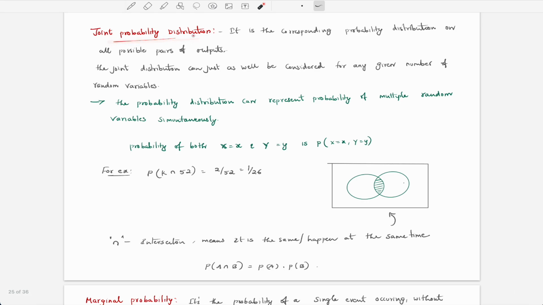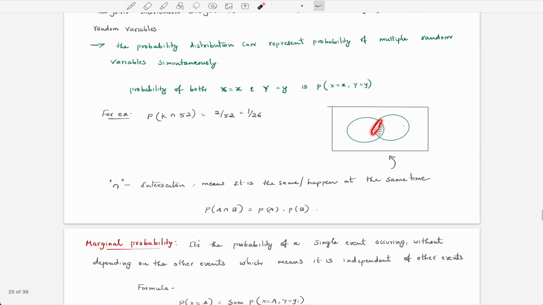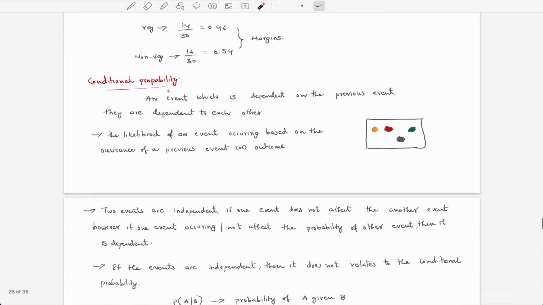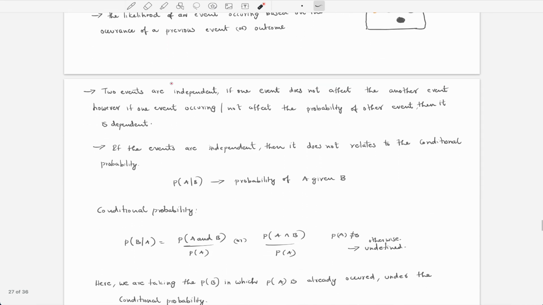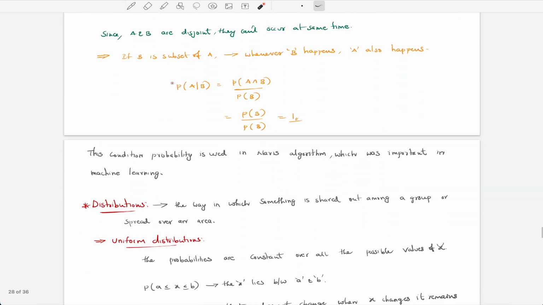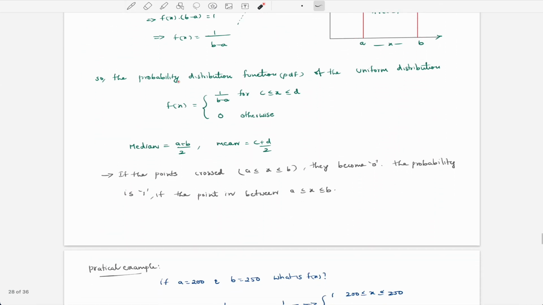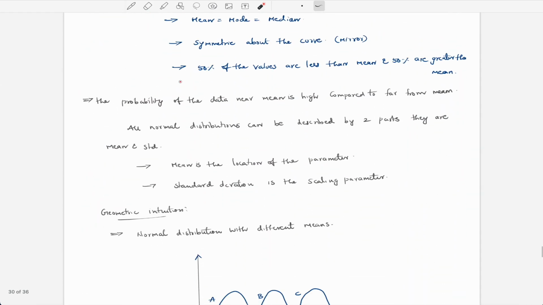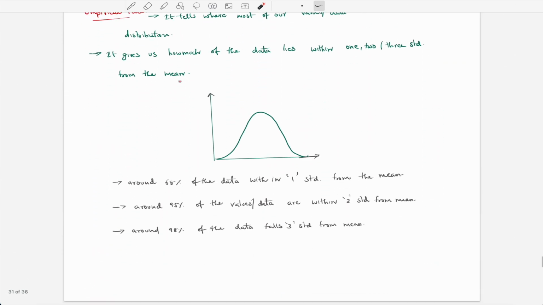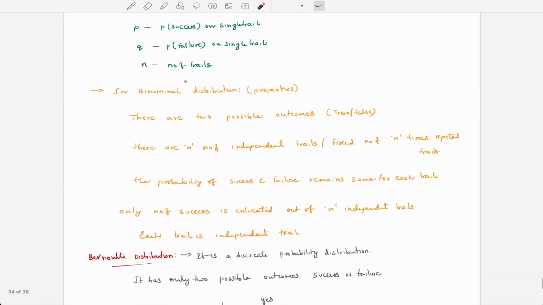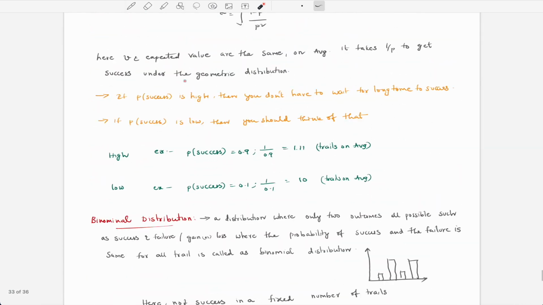We have seen the joint probability distribution, and marginal probability, which is independent of the other. And we have seen conditional probability, which is dependent upon the other. After that we are going to discuss the distributions: uniform distribution, normal distribution, the empirical rule, geometric distribution, Bernoulli distribution, and a lot more.